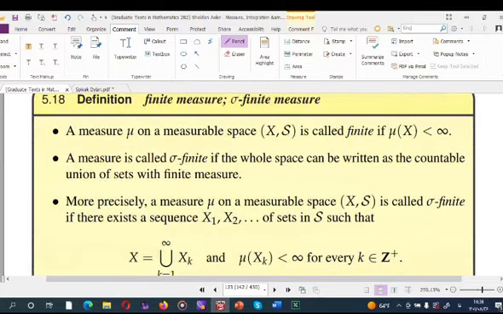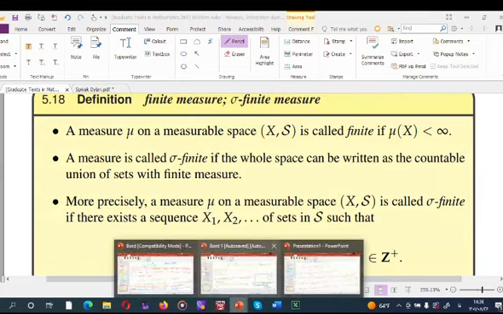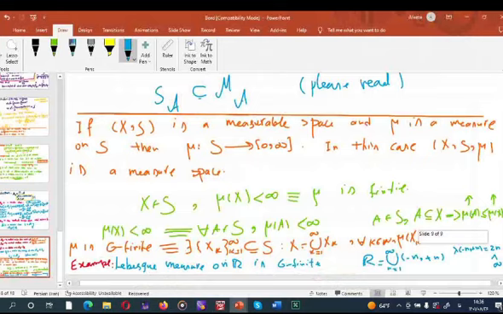A measure mu on a measurable space is called finite if mu of x is finite. And I saw that mu of x is finite equal to this statement. For any element A of S, mu of A must be finite, because A is a special case in S, so that mu of x must be finite.